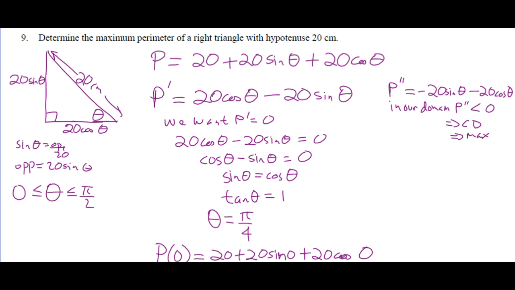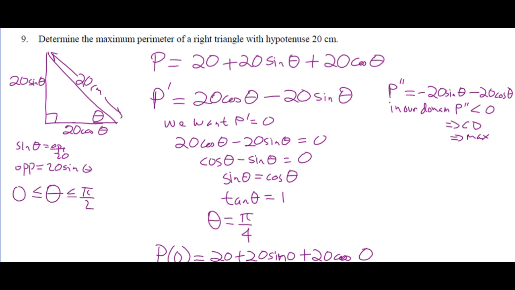And what have we got? An isosceles right triangle.